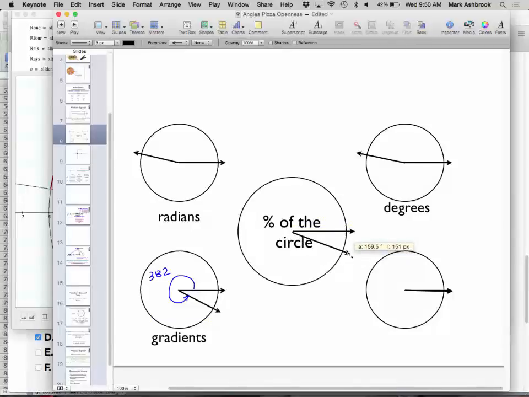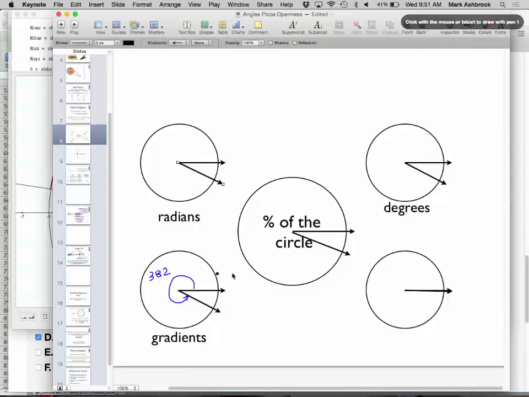What do you want to start with? I'm not going to start with degrees. Fraction or percent of the circle, and then it's easy from there. What percent of the circle is 382 gradients? It's 95.5%.